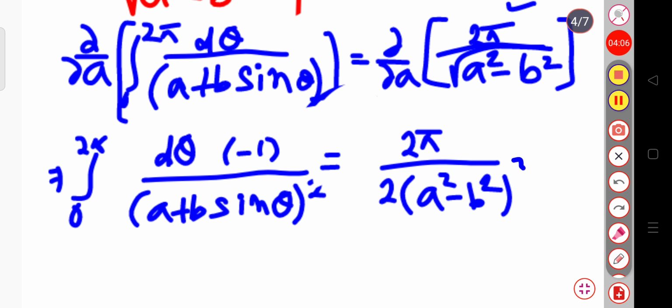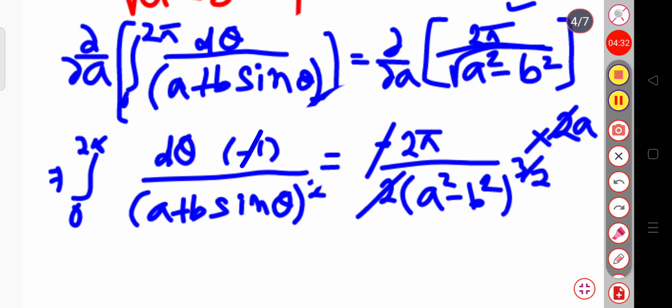So here I have to write plus 3 by 2 in the numerator, again multiplied by the derivative of a square, which is 2a, and here also one negative sign, because this is a square minus b square power minus half taken to the denominator. Now, the 2 gets cancelled and this minus sign gets cancelled with this minus sign.